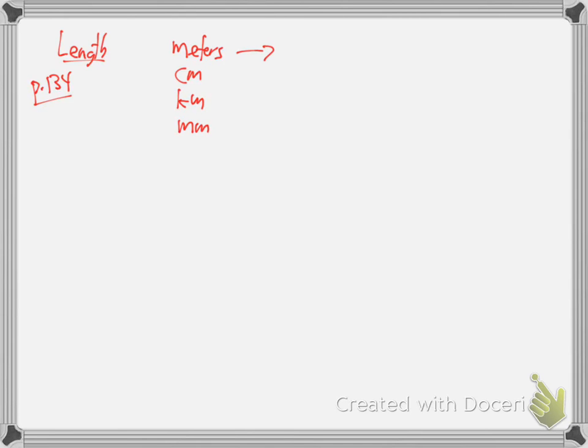A meter is like a yard. It's not exactly, but they want you to just kind of feel it. A meter is sort of like a yard. What's a yard? 3 feet, about that long. And a centimeter is about a half an inch.